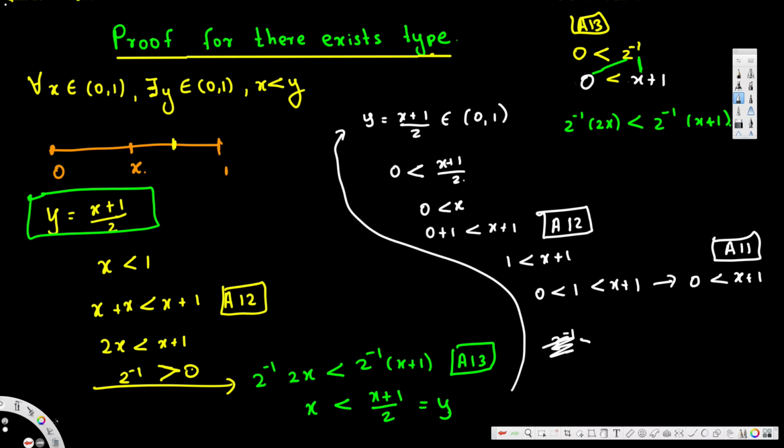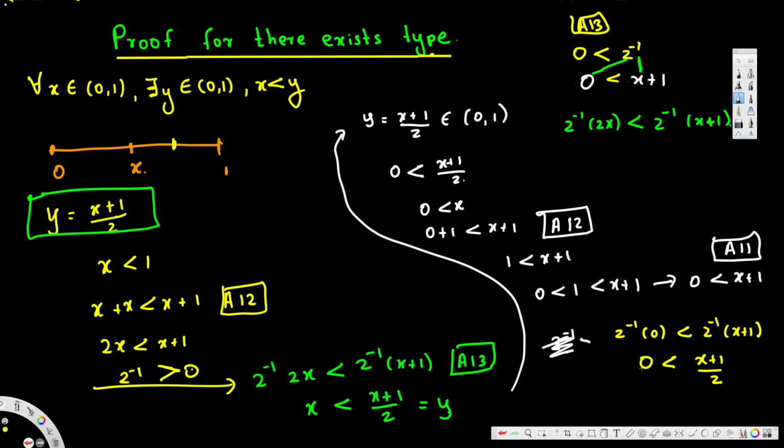Let's use a different color. 2 inverse times 0 is less than 2 inverse times x plus 1. And 2 inverse times 0 is equal to 0 by proposition number 1. And 2 inverse times x plus 1 is just x plus 1 divided by 2.